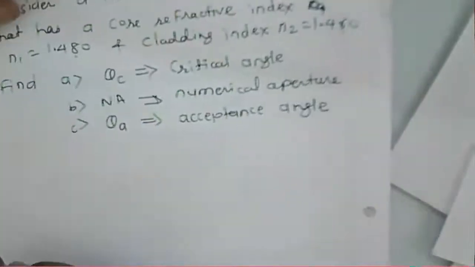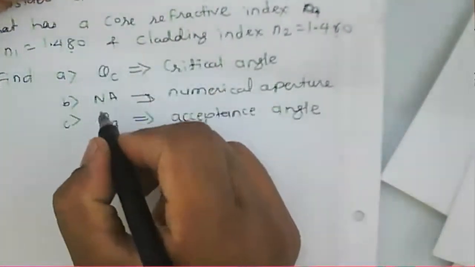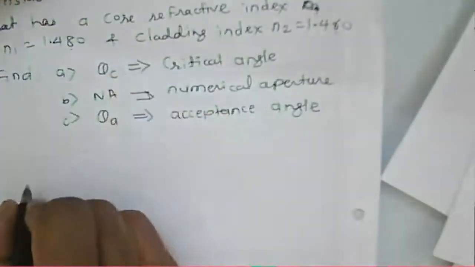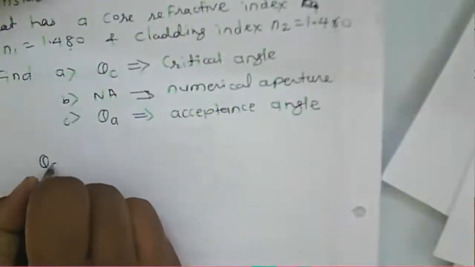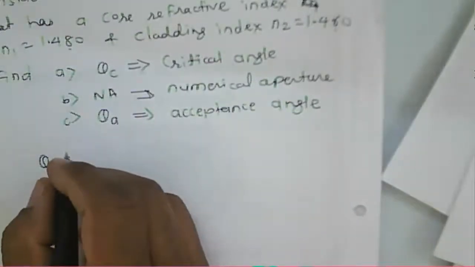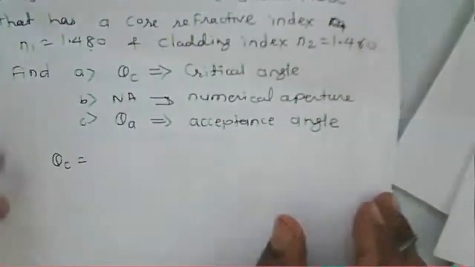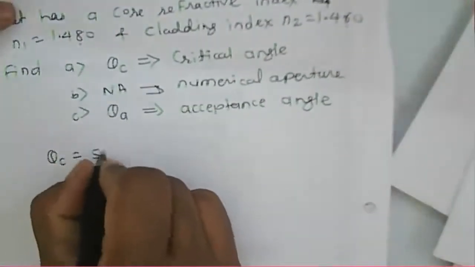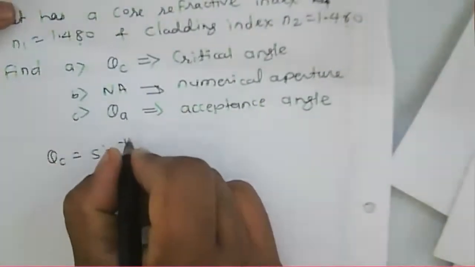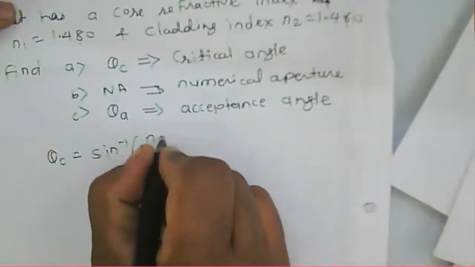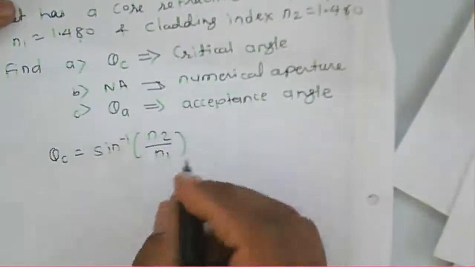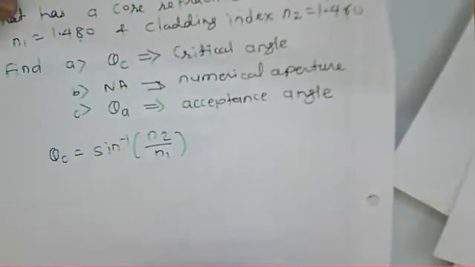Now our aim is to find out the critical angle, numerical aperture, and acceptance angle. We know all the equations. The equation for the critical angle is sine inverse of n2 by n1.